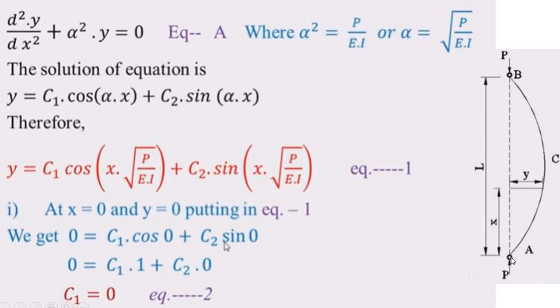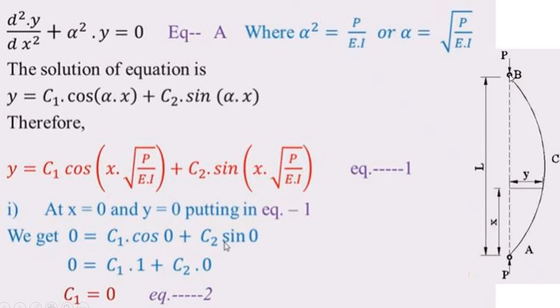Now moving in the upward direction, the value of x is increasing, but the value of y, in the initial stage, is increasing up to the midpoint, and from the midpoint to the upper end of the column, it is gradually decreasing.